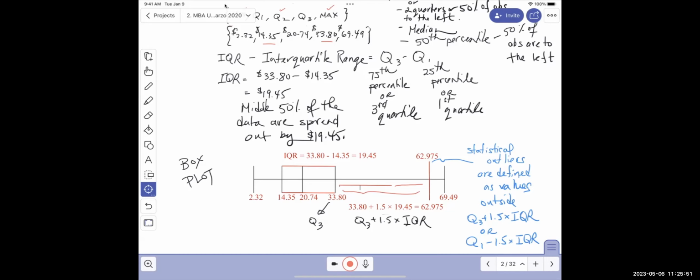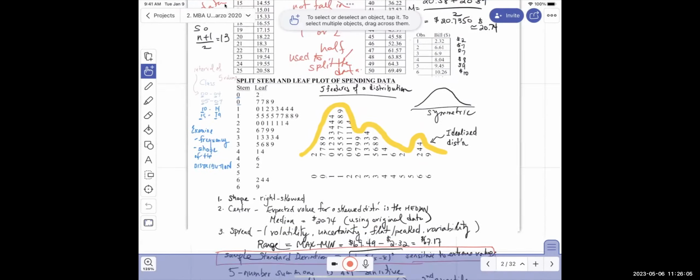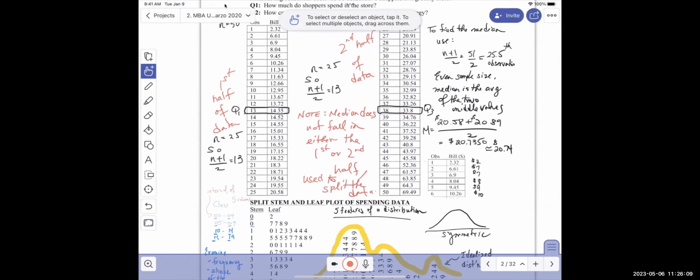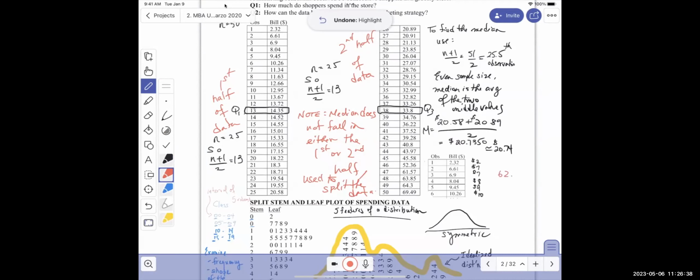This is the number that I'm going to compare them to, 62,975. So any values higher than that.